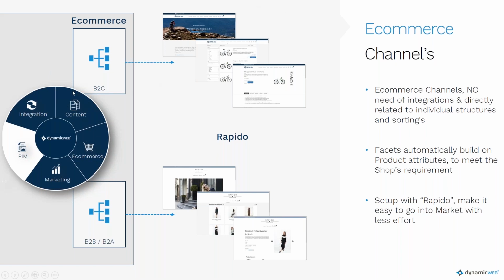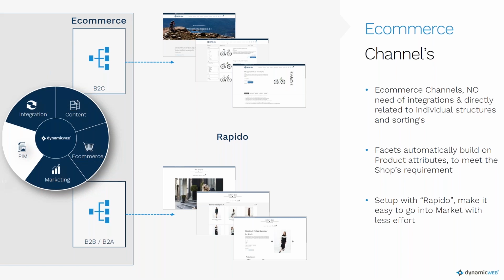But because these channels are on our all-in-one platform, we are just relating our product to the channels. We don't need to make an integration to an e-commerce solution. We can just relate them to the area, to the structure in that particular channel, and it will appear there as soon as you have set active or made published for the channel.